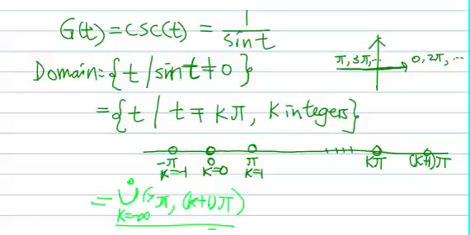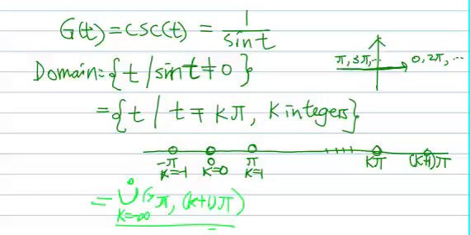When k equals negative 1, t equals negative pi, and so on. So what happens is that when we have k times pi, there is a hole there, and then the next hole will be k plus 1 in parentheses times pi.